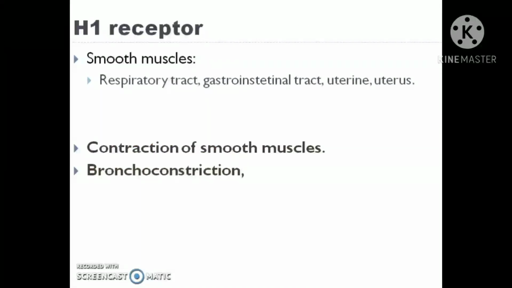Next is the H1 receptors present in the smooth muscles of the respiratory tract, gastrointestinal tract, uterus, etc. And interaction of histamine with H1 receptors present in these smooth muscles causes contraction of these muscles. For example, the contraction of smooth muscles of bronchi causes bronchoconstriction.